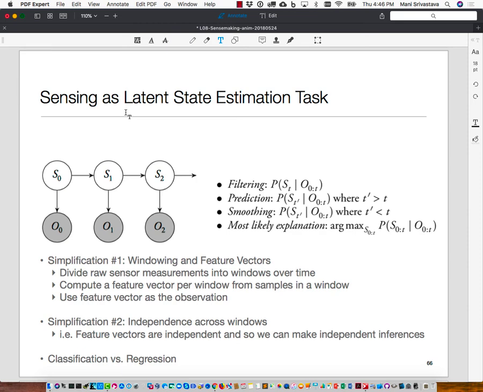Smoothing means that given the entire history until now, I'm trying to predict something in the past. The reason this is of interest is that in filtering you are only looking at things in the past. Here, in effect, we are looking at things in the past and the future. Oftentimes you can make a better estimate of what is happening by also knowing what happened later.